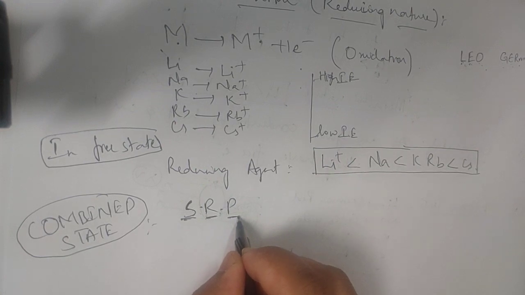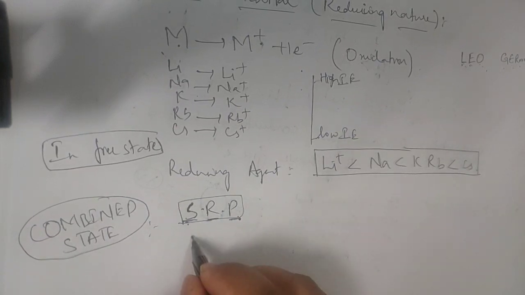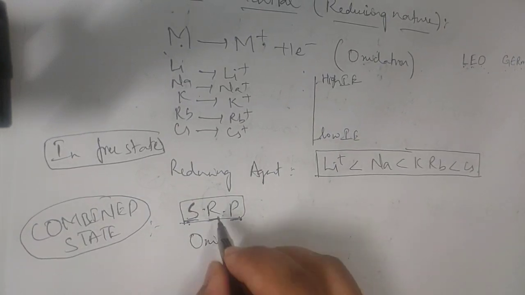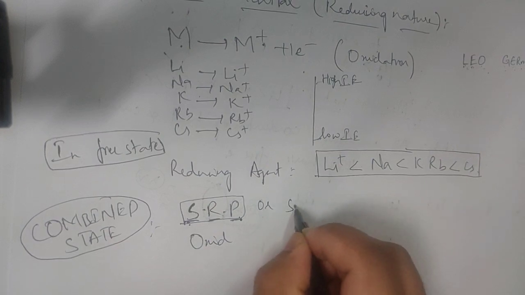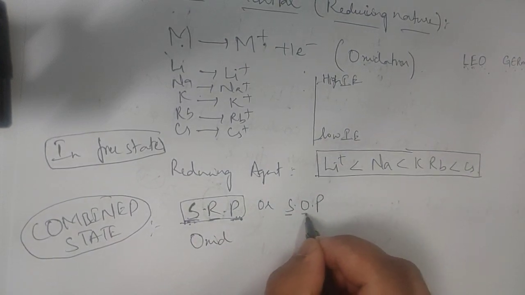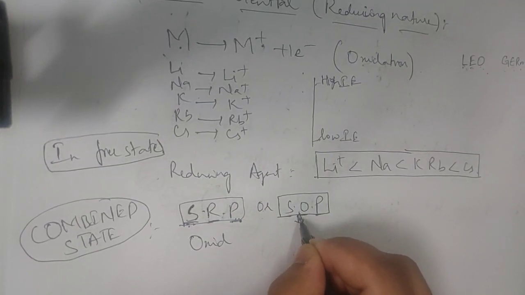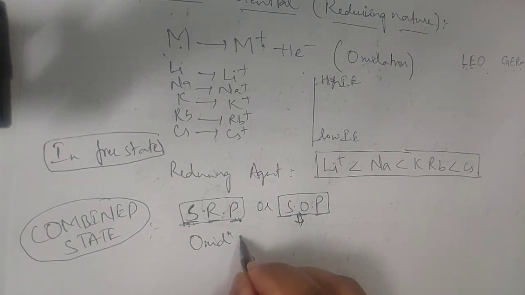In the electrochemistry chapter of 12th standard, you will study this. SRP or SOP, standard reduction potentials or standard oxidation potentials. Right now I am talking with respect to the SOP values.